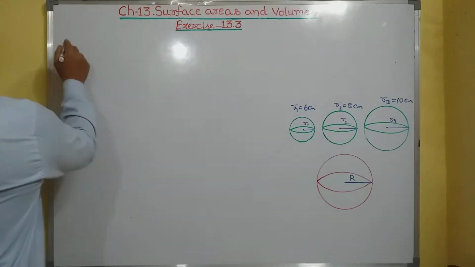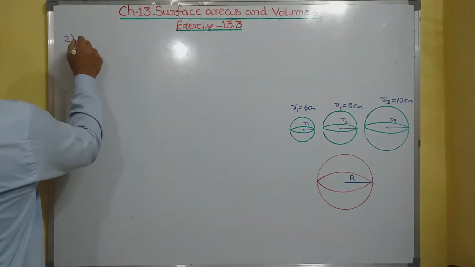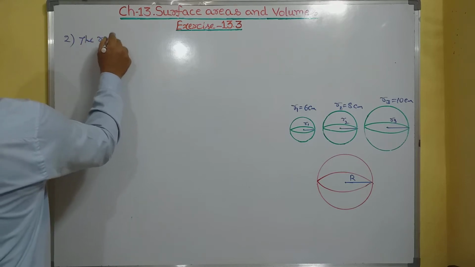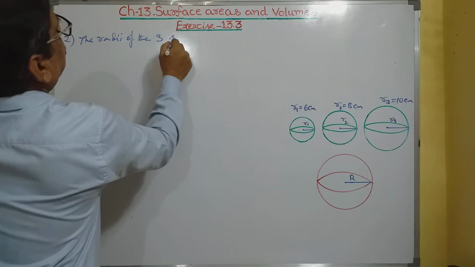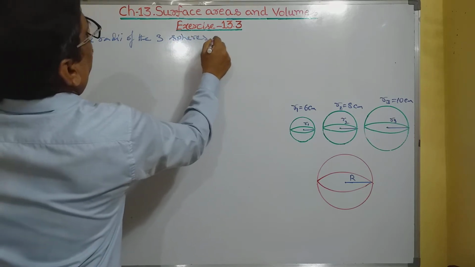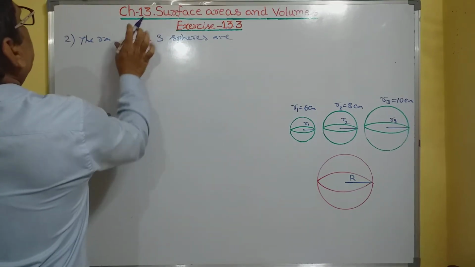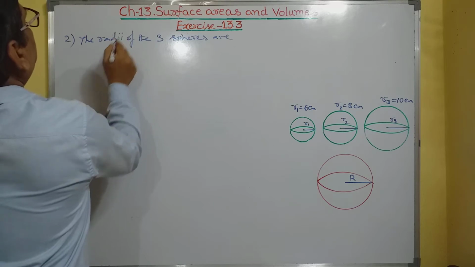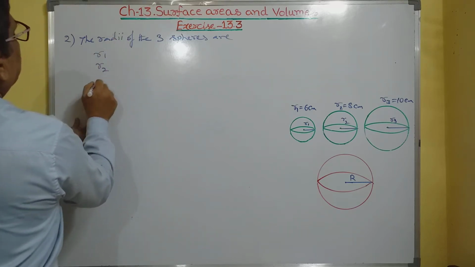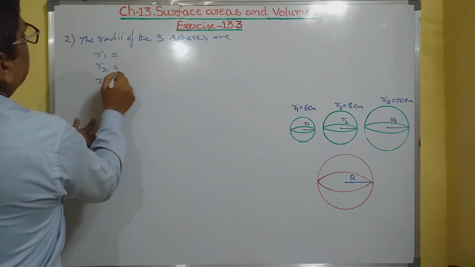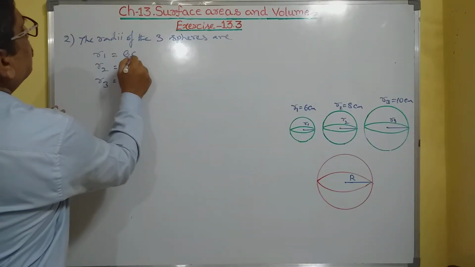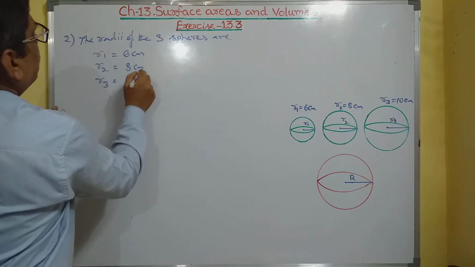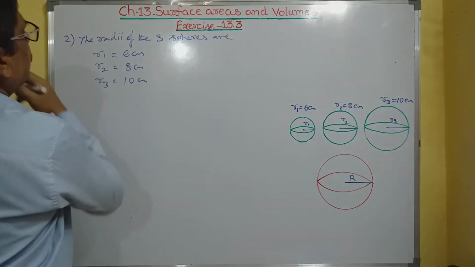So here we need to write the radii of the three spheres, R1, R2 and R3, which are given as 6 centimeters, 8 centimeters and 10 centimeters.